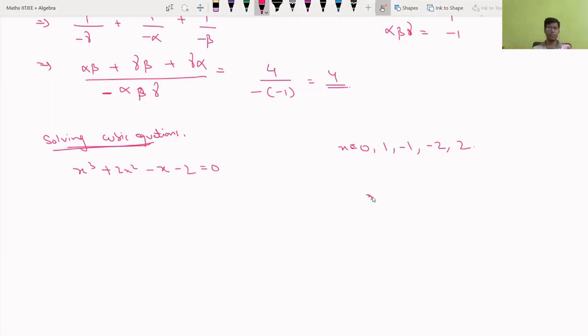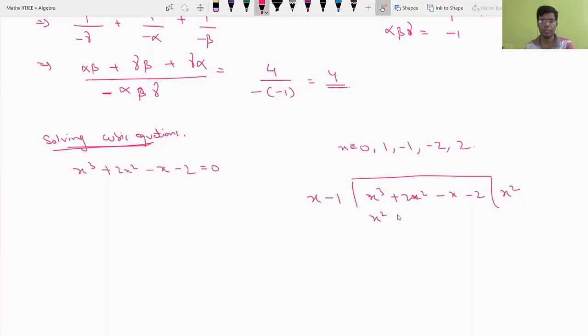So I divide x cube plus 2x square minus x minus 2 with x minus 1, because x is equal to 1 is a root. The first term I get is x square.